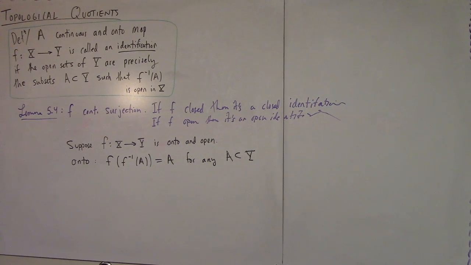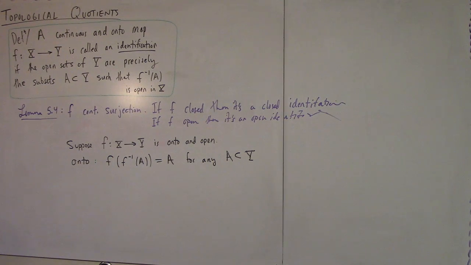For any A in Y, there is going to be a set that completely maps to it, because it's onto.